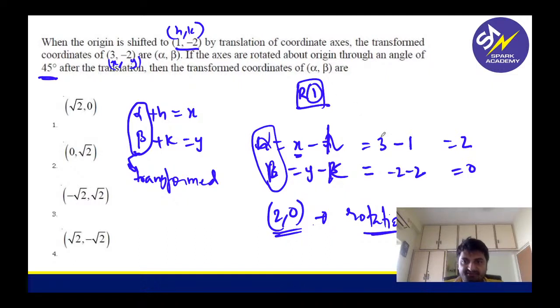This is minus of minus, so it will be 0. Minus 2, minus of minus 2, no, we are subtracting. So it's 0. So this you have to use the rotation formula with 45 degrees. You will get your answer.